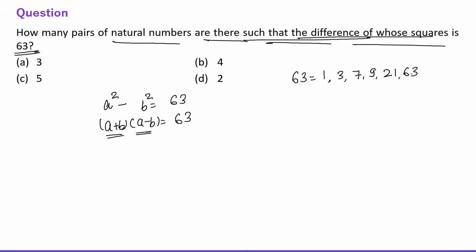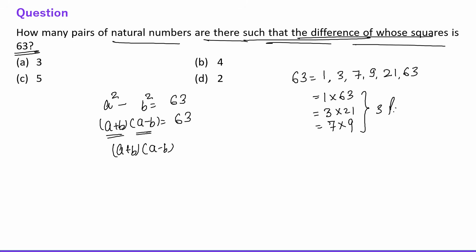So 63 can be written as 1 into 63, 3 into 21 and 7 into 9. These three pairs I'm getting. So the answer will be 3 pairs.